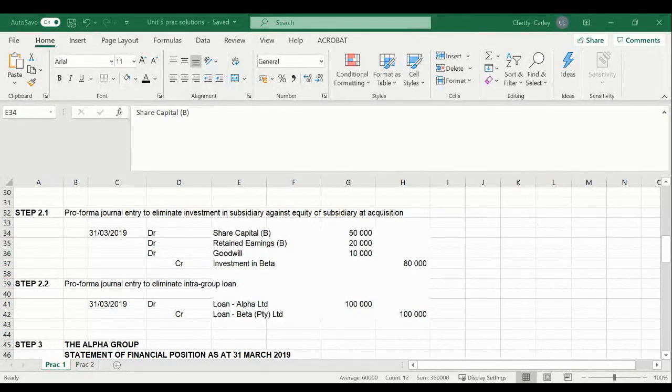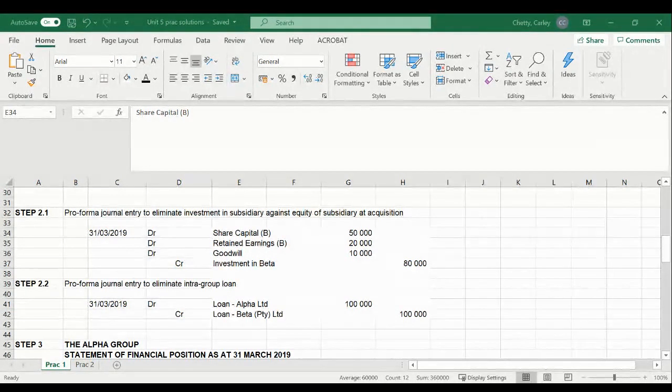So here we are basically eliminating the investment in Beta in Alpha's books against the equity of Beta in Beta's books. Okay, it sounds complicated, but let's go through it again systematically. In Beta's trial balance, it would have its share capital, shown at a credit of 50,000 Rand.